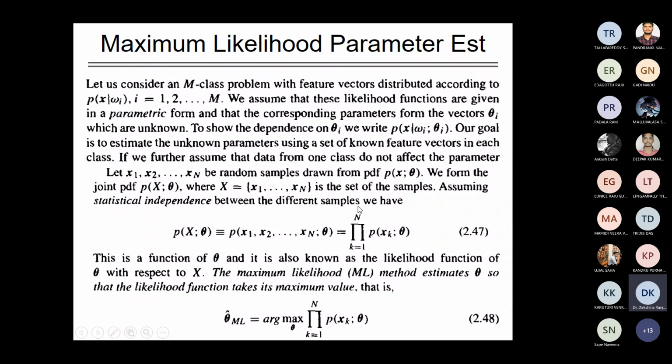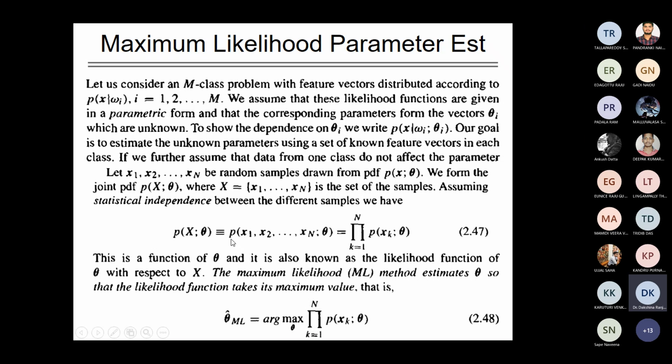Since we have n samples in the random sample X, this is the product over p of xk parameterized by theta, where k varies from 1 to n. That means for each sample we get this probability, and it is multiplied with the probability obtained from the next sample.